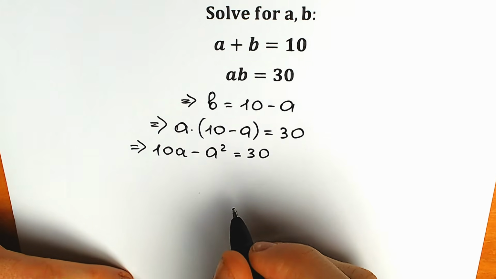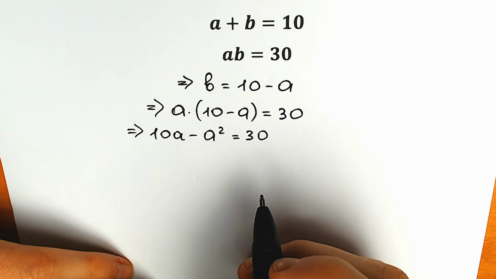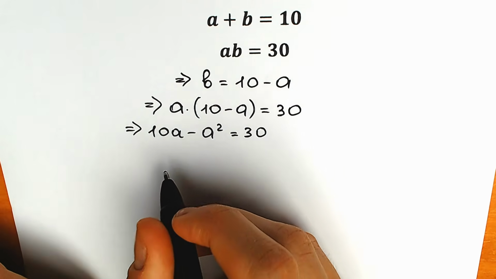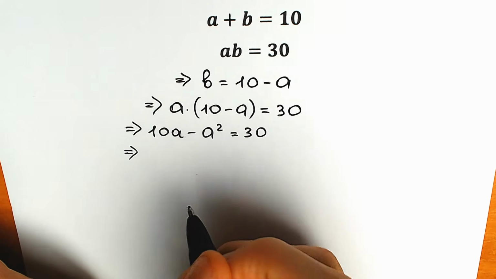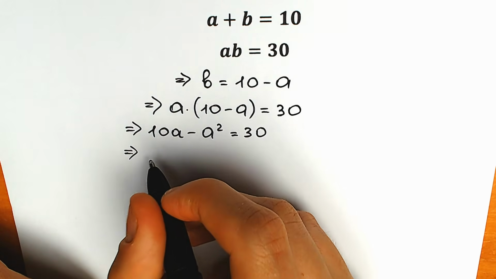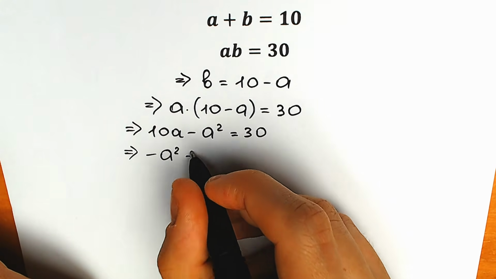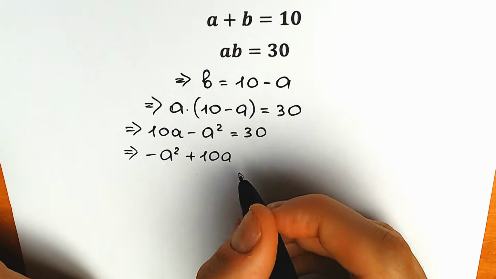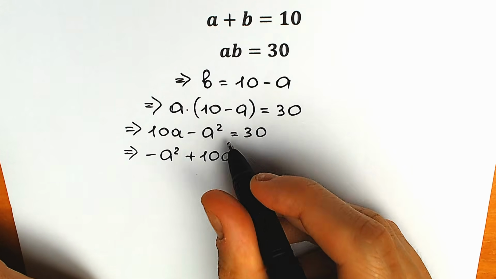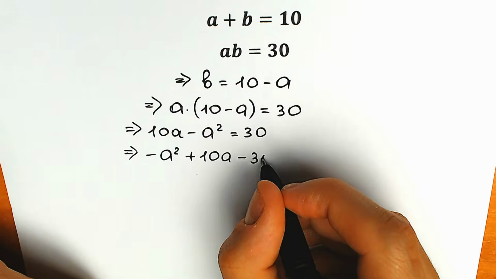Okay, what are we going to do next? If you look at this from a different angle, we can easily see that this is a quadratic equation, but we prefer a slightly different order. Minus a squared on the first position, plus 10a on the second, and minus 30 on the left side, equal to 0.